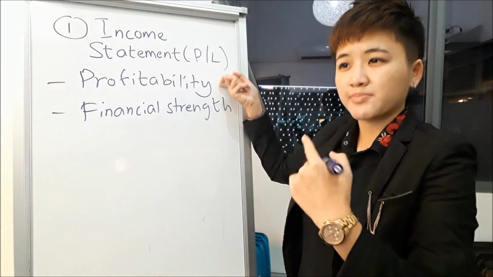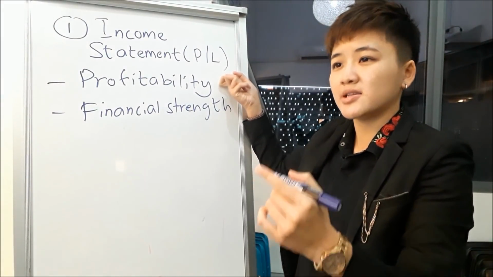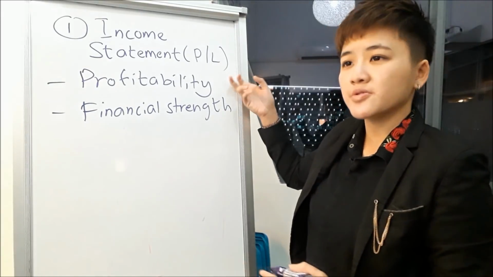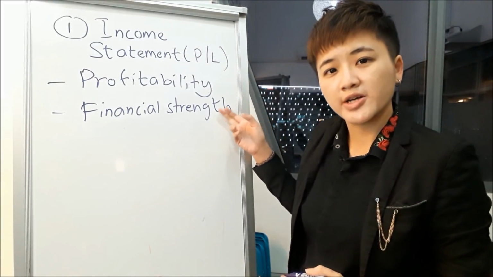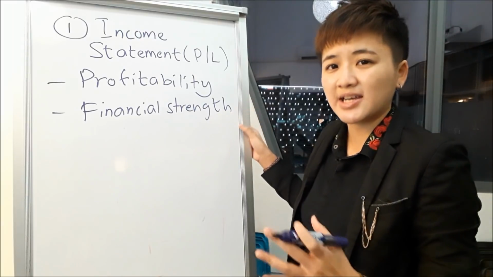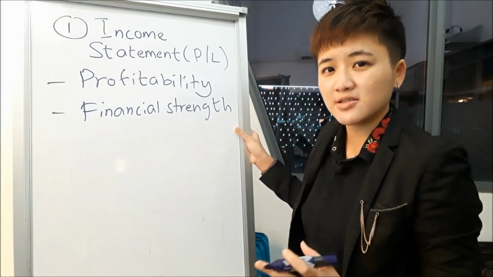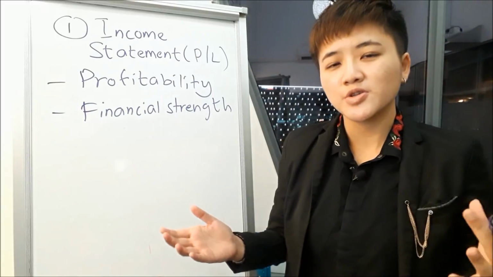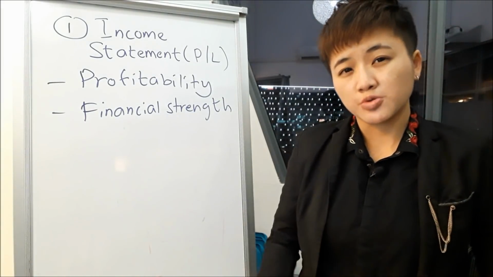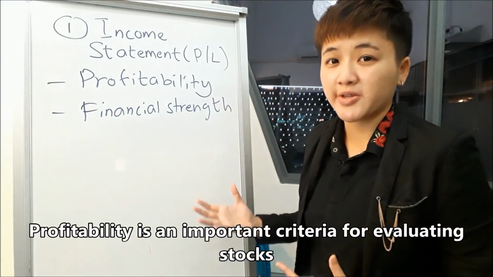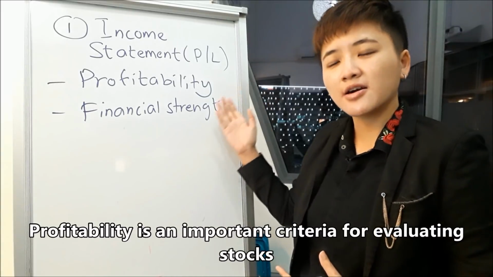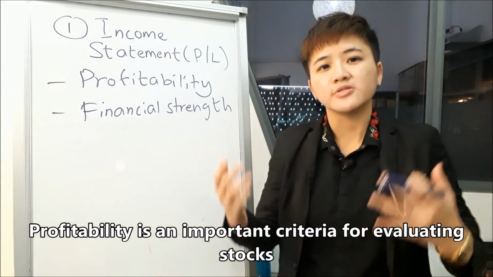And hence, you can more or less predict in the future, are they going to continue making money? And also, what is their financial strength? Can they withstand financial recessions? So most of the time when investors want to see whether they should invest into the stock or not, one of the most important factors is the company profitable or not?